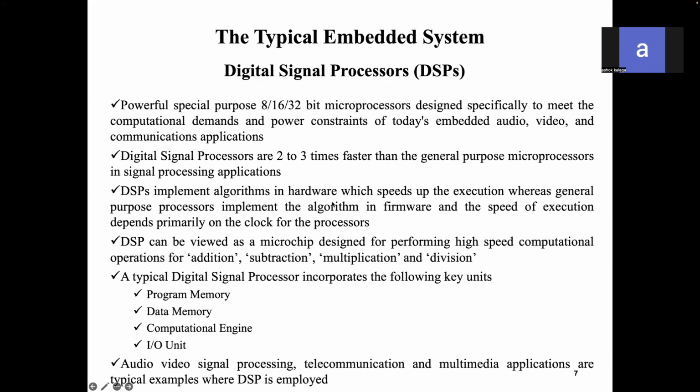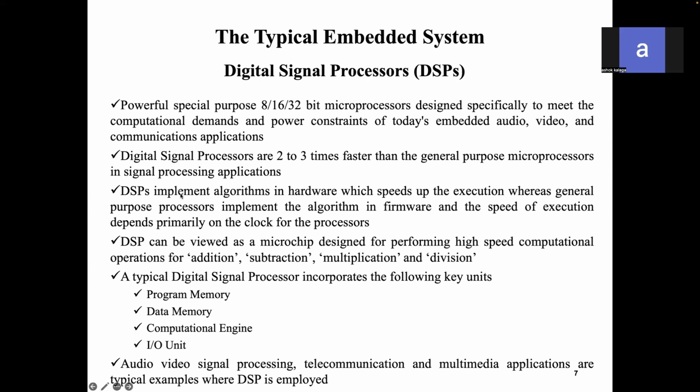Now we will discuss the digital signal processor. So this is the processor which is used for processing digital signals, like the powerful specific purpose 8-bit or 16-bit or 32-bit controllers or processors that can be designed to meet the computational demands. The digital signal processors are 2 to 3 times faster than the general purpose microprocessors in signal processing applications.